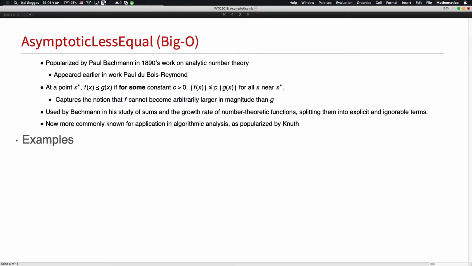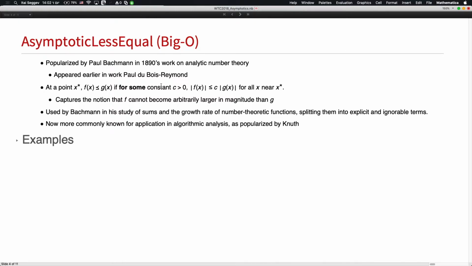AsymptoticLessEqual, as we call it, more popularly known as Big O. It was popularized by Paul Bachmann in the 1890s in work on analytic number theory, building on some earlier work.